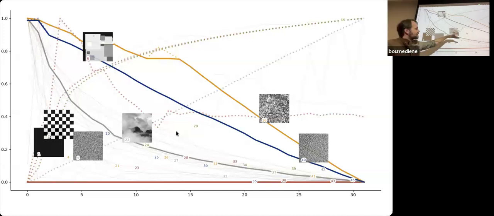And you get these nice sloping monotonic curves for all the natural images, like this picture of mountains and clouds here. These look noisy, but that's just an artifact. This is actually a satellite image of fields, and this is a texture image of a kind of wallpaper, I think.